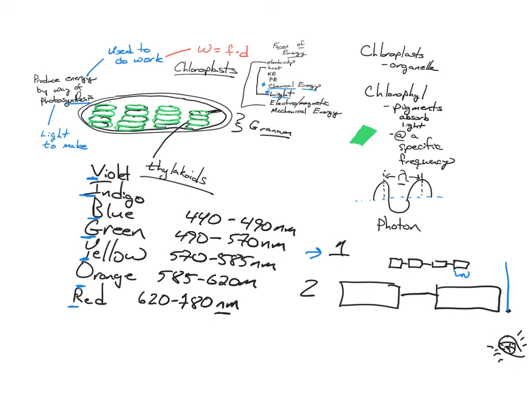Indigo is 420 to 440 nanometers. And violet's about 400 to 420 nanometers. So what we can see goes all the way from 780 to 400.